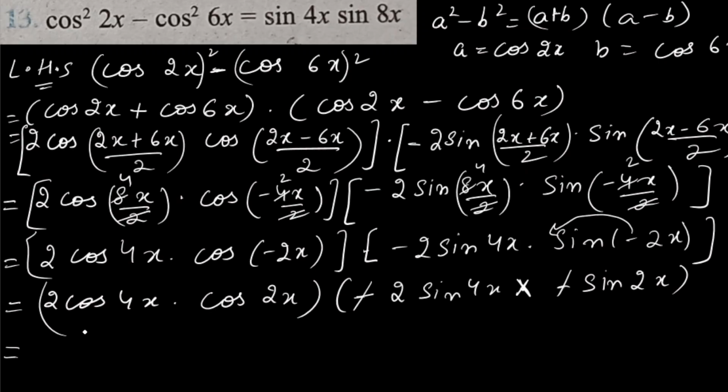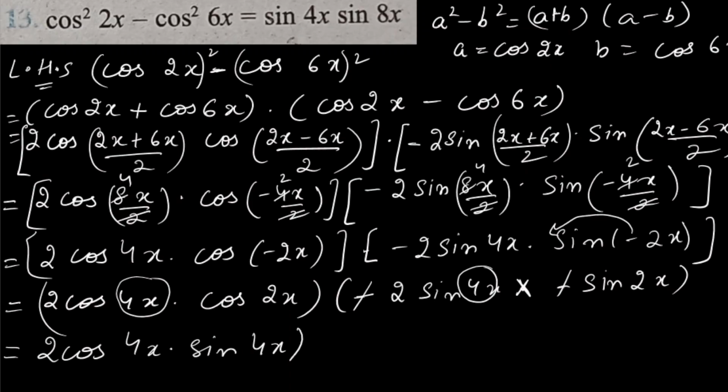Now what we will do: again, the trigonometric functions with the same angles we will just pair them. So 4x with 4x we will write: 2 cos 4x into sine 4x, into 2 cos 2x into sine 2x. So sine and cos with the same angles I paired them up.